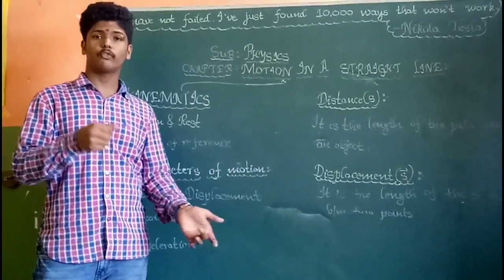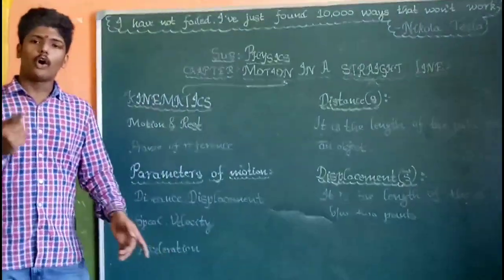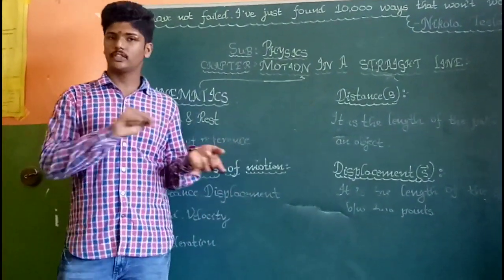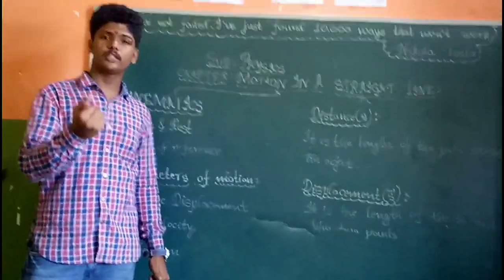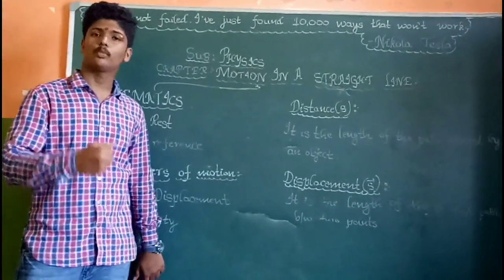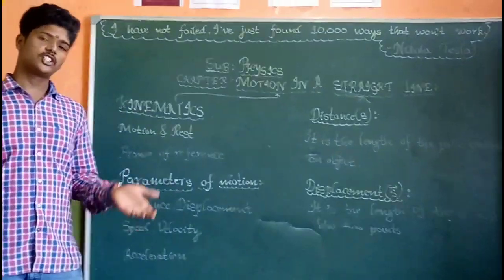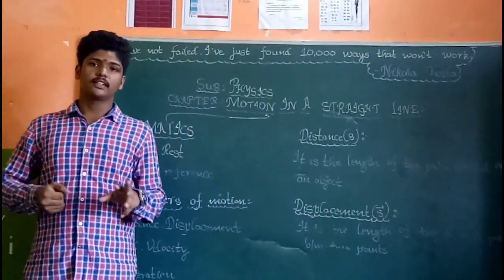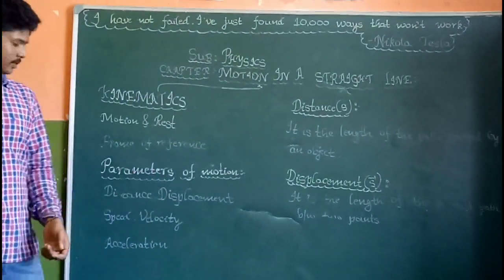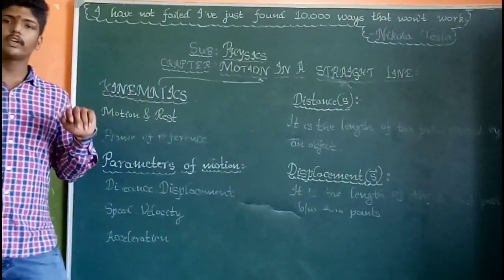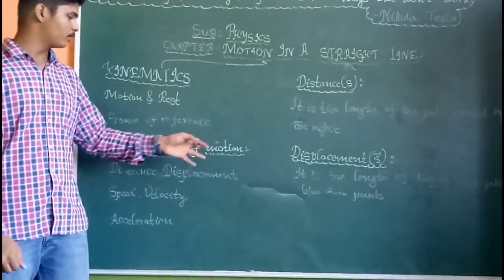When there is a change in one dimension, we call it motion in a straight line. When it is changing in two dimensions, we call it motion in two dimensions, or motion in a plane. When it is changing in three axes, that is three dimensions, we call it motion in three dimensions, or motion in space.